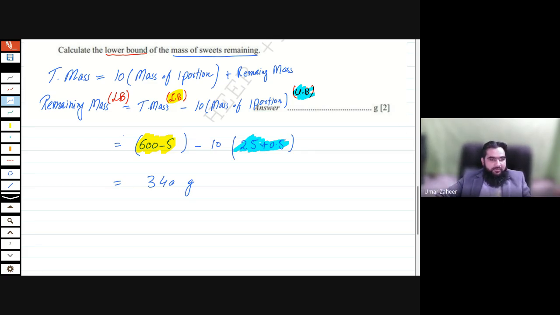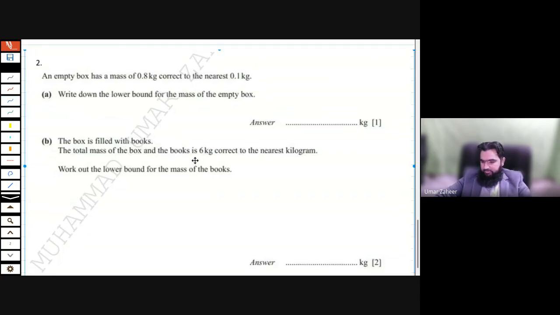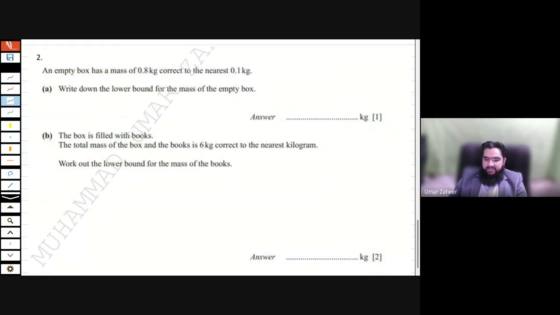Now let's go for the next one. An empty box has a mass of 0.8 kg correct to the nearest 0.1 kg.